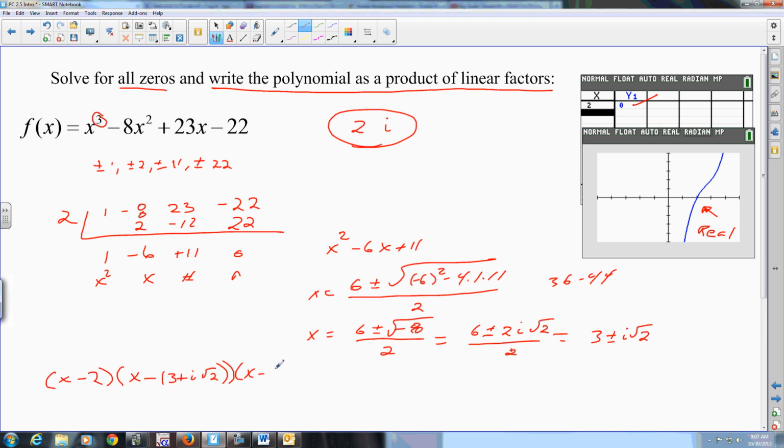And x minus 3 minus i square roots of 2. So your final answer is x minus 2, x minus 3 minus i square roots of 2, and x minus 3 plus i square roots of 2. Okay, that would be your final answer.